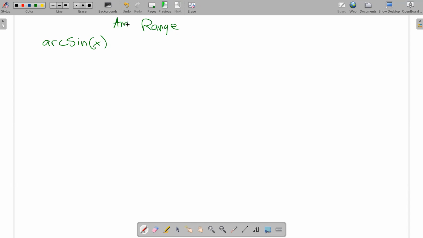So angle range is from negative pi over 2 to pi over 2, and we do get the endpoints. The arc cosine has a range from 0 to pi. So those are the angles it will output.